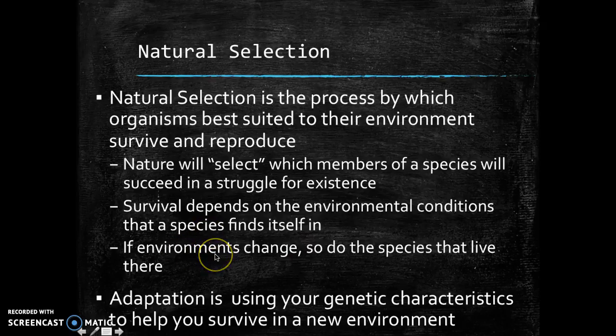If the environment changes, just like we talked about earlier, so do the species that live there, right? We have a snowy environment, we have the white bunnies and the brown bunnies, and over time, right, we start to see that white bunnies are surviving more than brown bunnies, but then all of a sudden a drastic change happens and the once snowy environment turns into a desert. Well, we're going to start to see that the species in that environment is going to change.